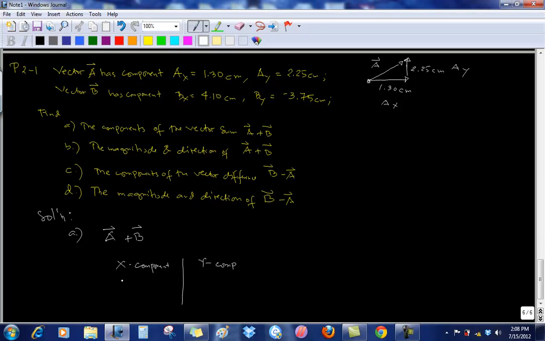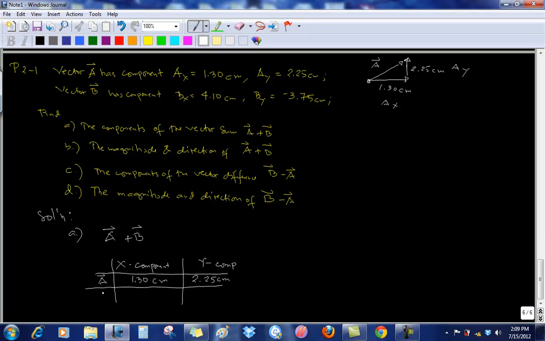Vector A has x component AX, which is 1.30 cm, and y component AY, which is 2.25 cm.